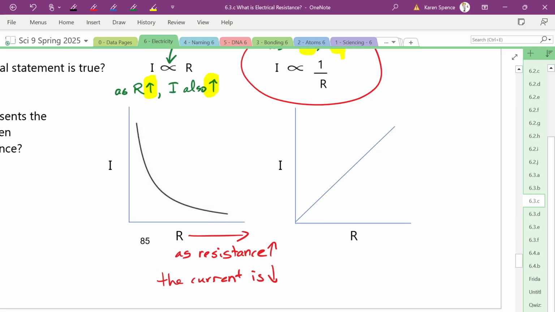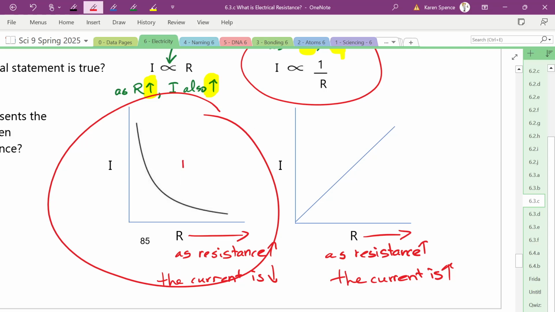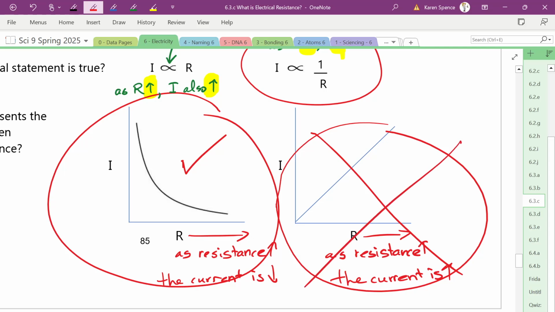In this graph, as the resistance increases, what is happening to the current? The current is increasing. Which of those two is correct? The first one is correct. This one is wrong.